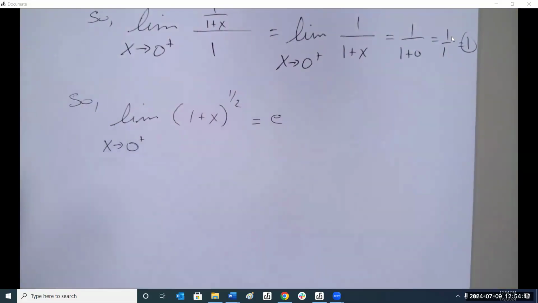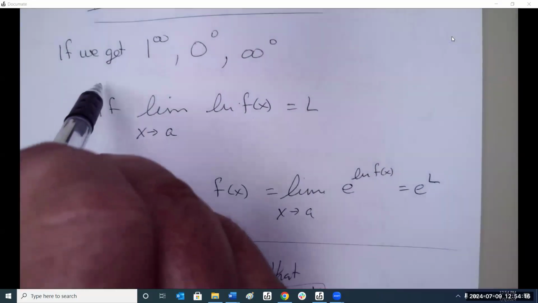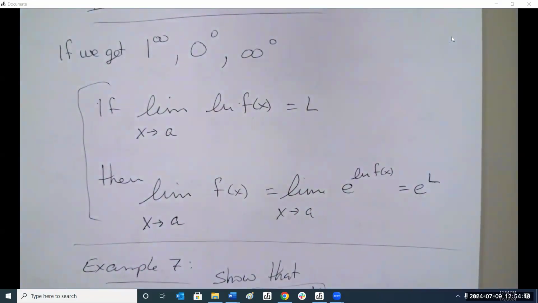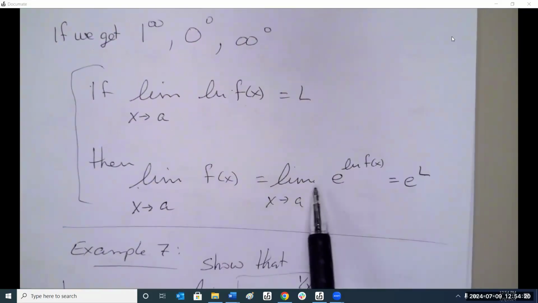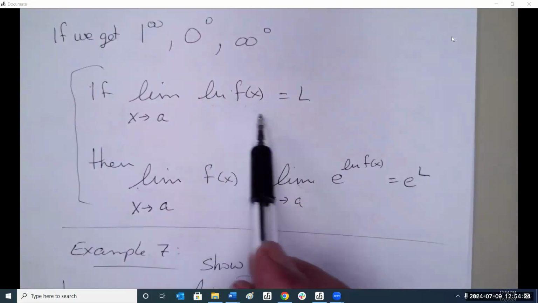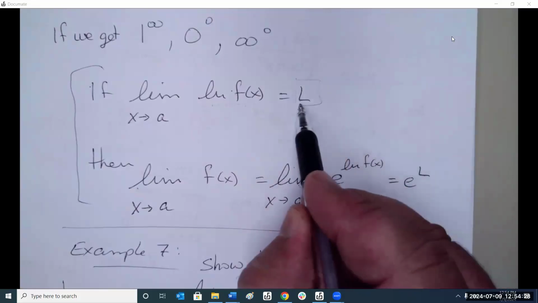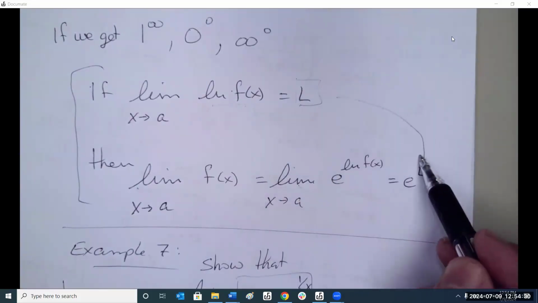And using this part, the limit of f(x) is the limit of e to the power ln, whatever that is, simply e to the power L. So whatever our limit was, that goes up here.